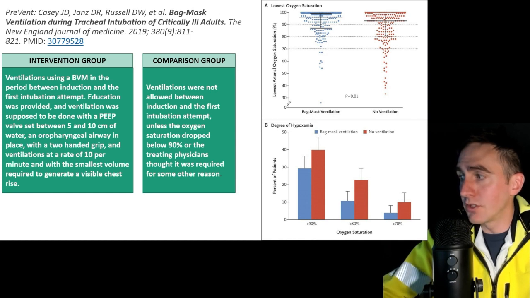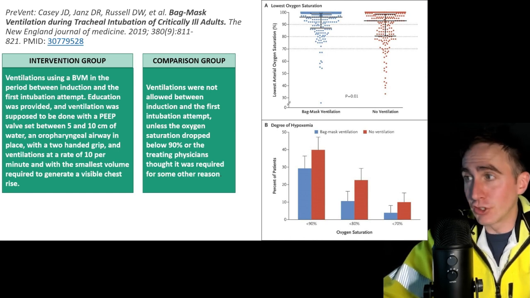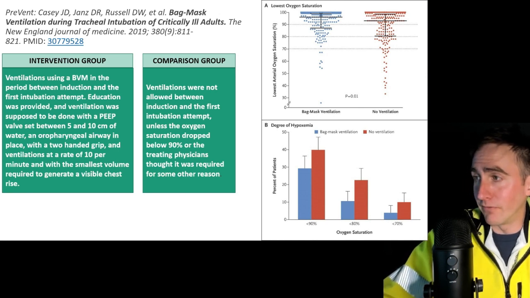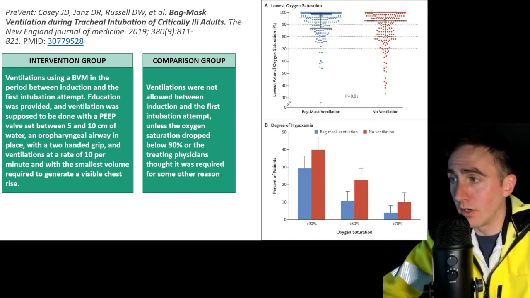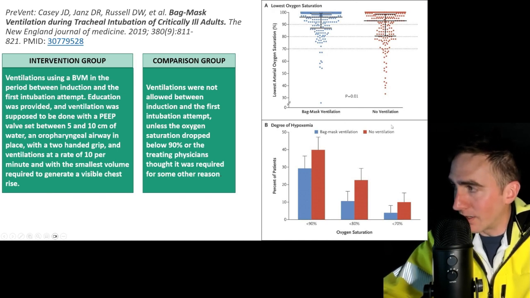In the comparison group, they did not use a BVM between induction and the first attempt, unless the SpO2 was low or the physician thought it was required. And you can see the comparison of the patients that desaturated who did not get ventilation versus those who did.